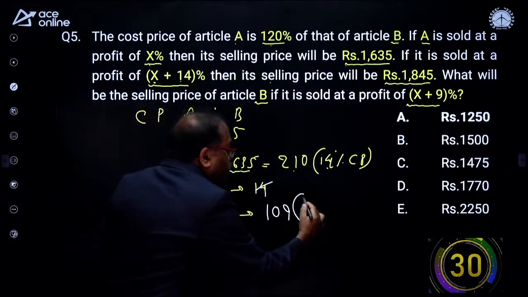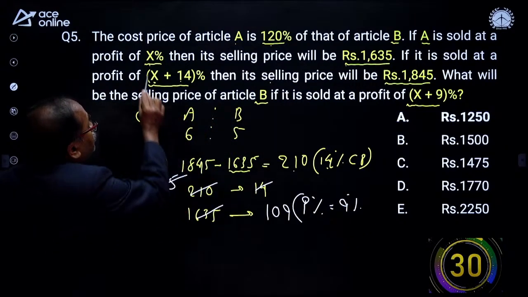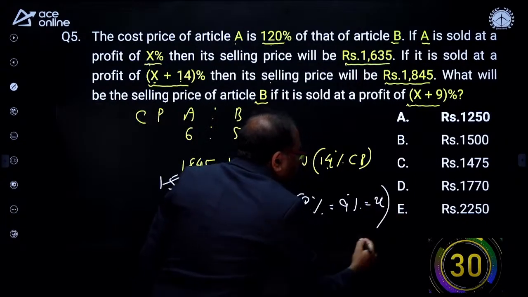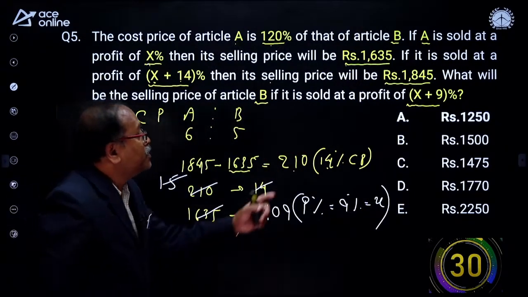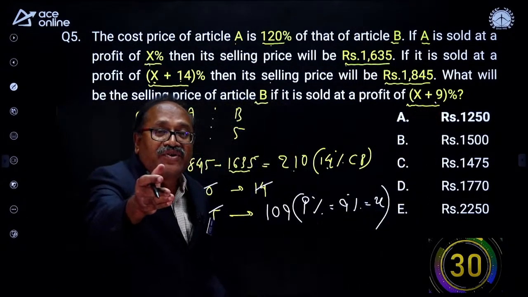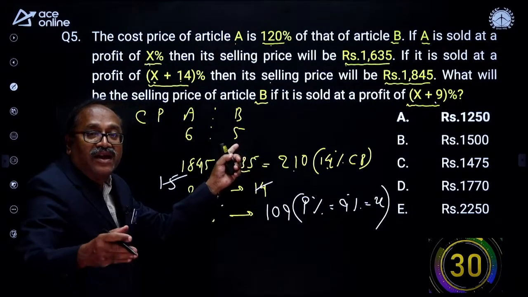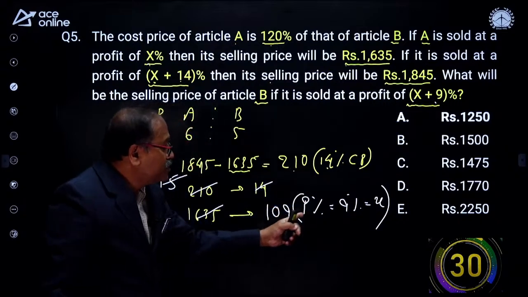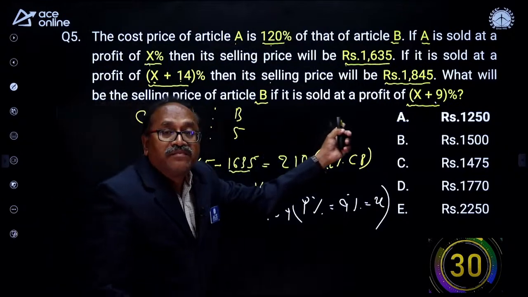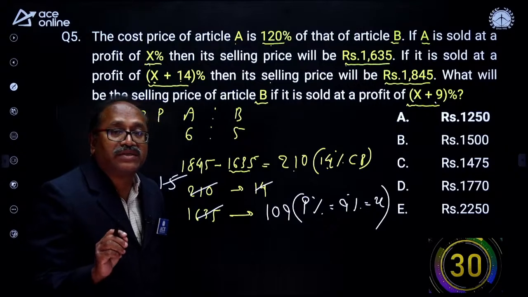The profit percentage is nothing but 9%, and the profit percentage is X. That means X is equal to 9%. So what is the profit I need here? 9% plus 9%, 18% profit. I am sure you can find out the cost price of B, and then you can find the 18%, that is the selling price, if it is sold at a profit of X plus 9%.